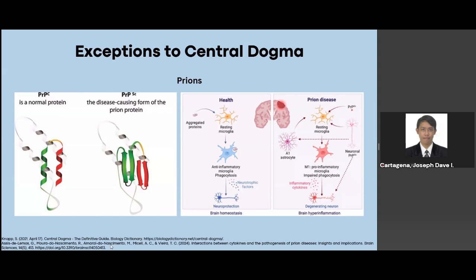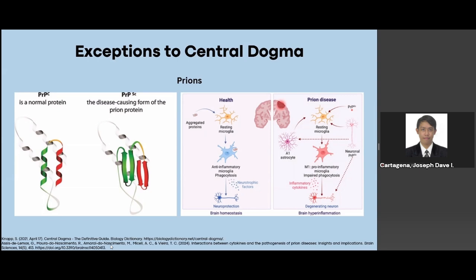Now let's talk about prions, one of the weirdest exceptions to the central dogma. These are infectious proteins that don't carry any nucleic acids, no DNA, no RNA. Prions cause disease by misfolding, and they also induce normal versions of the same protein to misfold as well.